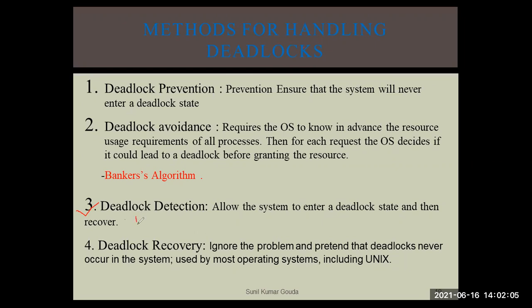First of all, we will find a resource allocation graph. Then I will convert this resource allocation graph to a wait for graph. Once I convert it, if the graph consists of a cycle, then I can say there is a deadlock.